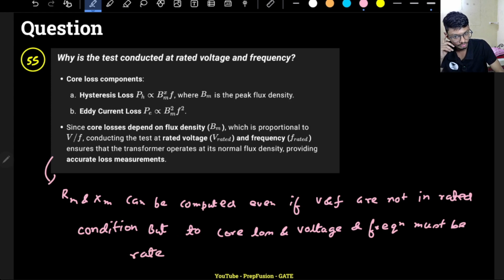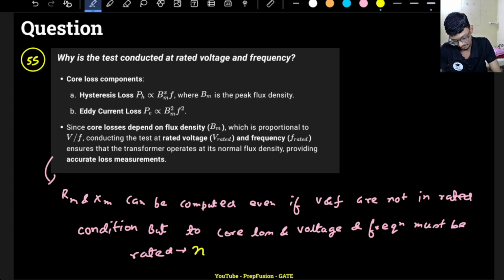Because I want to calculate the efficiency. If I want to calculate the efficiency, P core will be there, so for that it must be rated. Okay, got it?